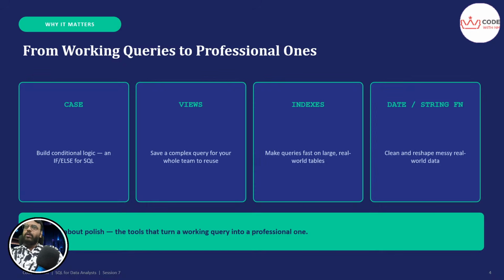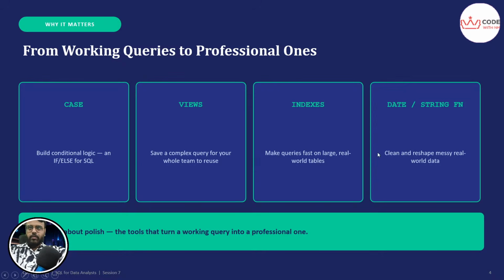VIEW saves a complex query so your whole team can reuse it with only one word. Then indexes make your query faster on large-scale, real-world tables. The last is date and string functions. We will be seeing both to clean and reshape messy real-world data.